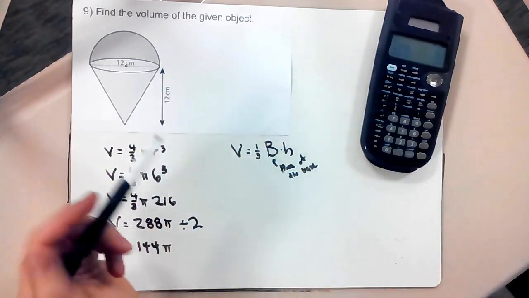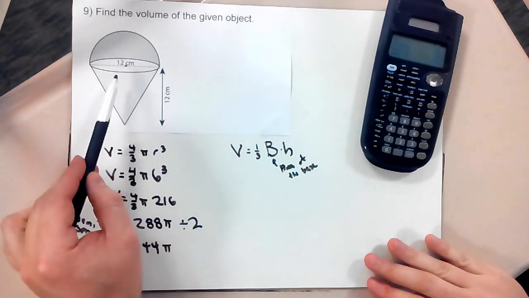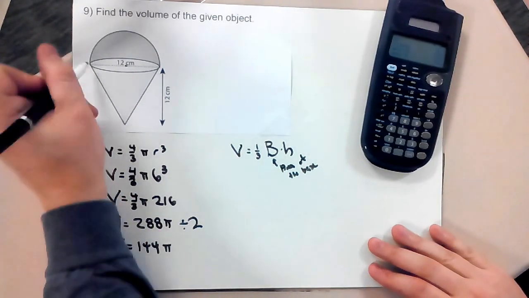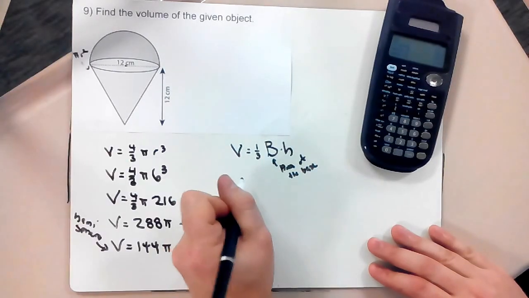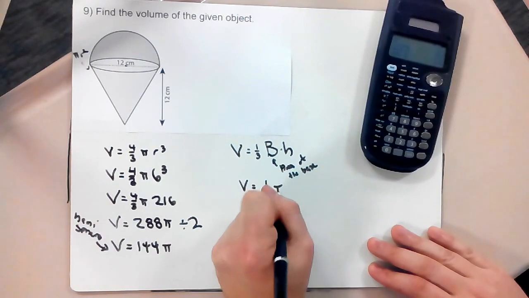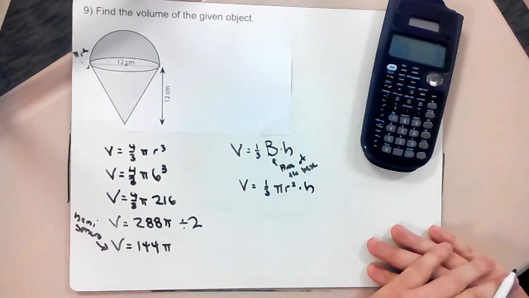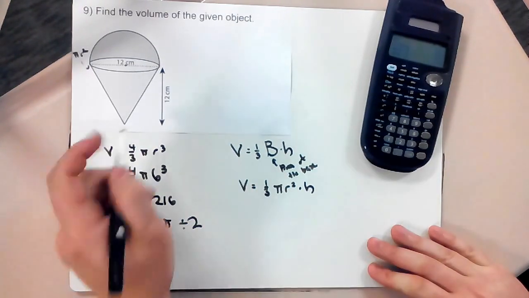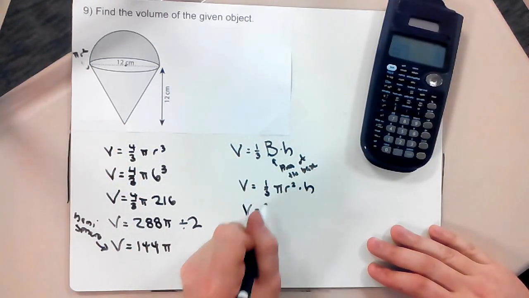But if we flipped it over, it'd be the base of the cone. The base of this cone is a circle. To find the area of a circle, we use pi r squared. I'm going to plug that in. V equals 1/3 pi r squared times h. The height is 12, and the radius is 6.